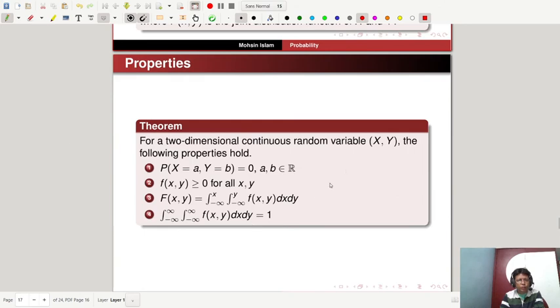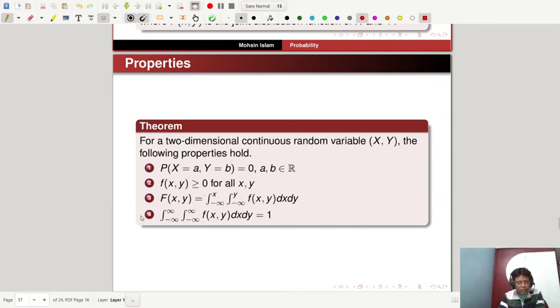So some theorems, some properties. For a two-dimensional continuous random variable, the probability of X equal to a, Y equal to b will be 0 for all (a, b) belonging to R squared, for a particular point (a, b). f(x, y) is greater than or equal to 0. You know these are the conditions for a possible PDF: f(x) should be greater than or equal to 0 and the integral from minus infinity to infinity of f(x) dx equals 1.